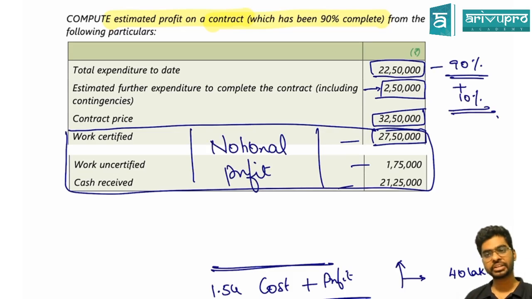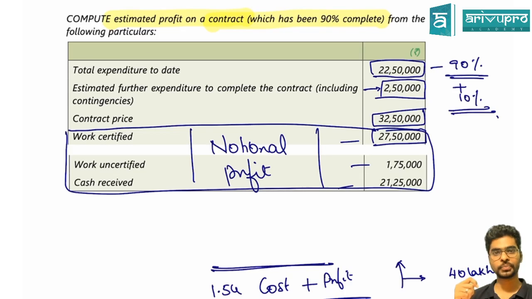And yesterday when we were doing this, we were discussing notional profit. Notional profit is trying to identify profits out of the portion of the work done. Are you clear? Here, since 90% is completed, I will be using estimated profit, not the notional profit.